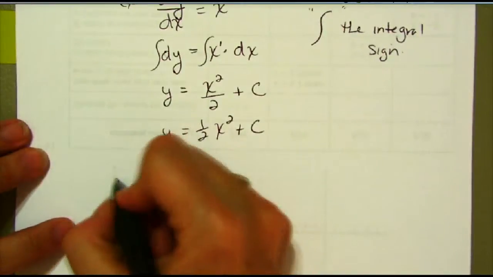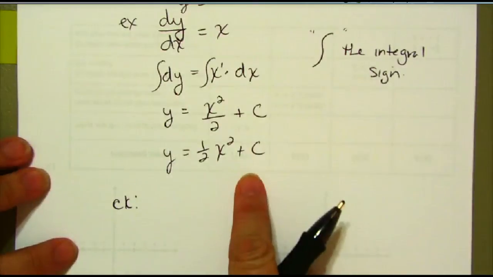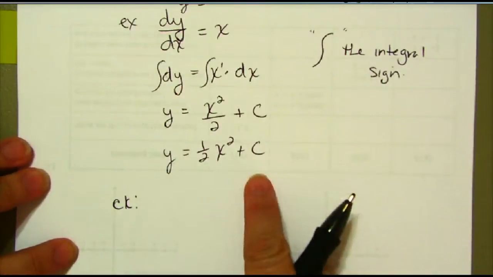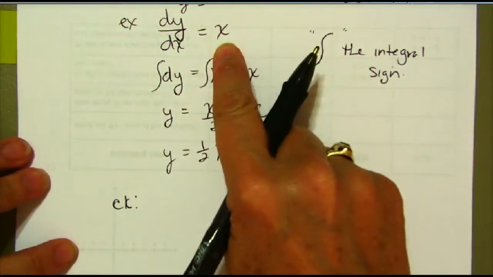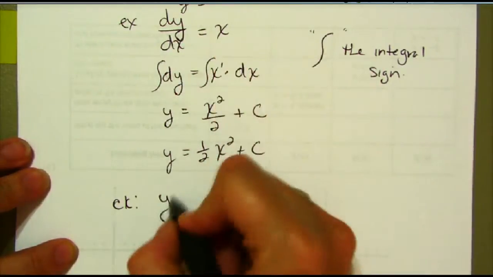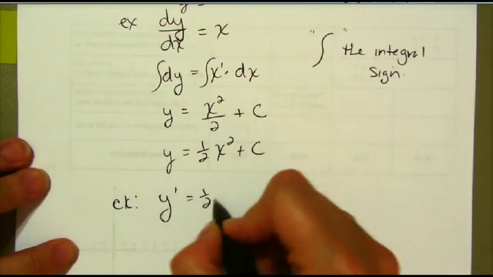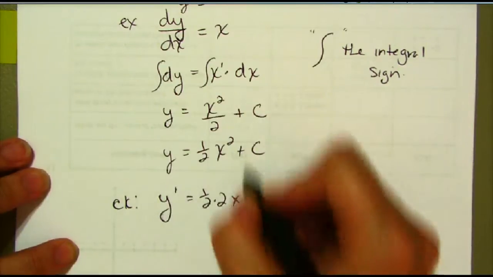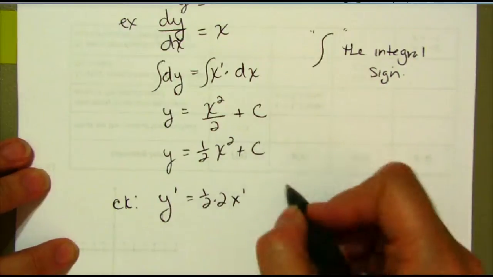Let's check. If I take the derivative of this, am I going to get back this original function here? So let's take the derivative of y. That means I write down my 1/2, I bring down the 2, write my variable, I decrease that by 1, and this is just some real number, so that goes to 0.